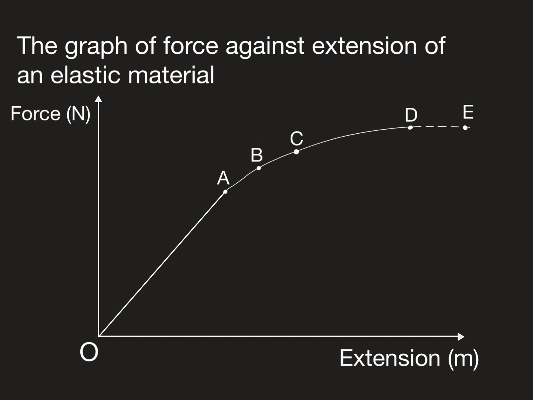As you can see, there are different points indicated on the force extension curve. Point A is known as the limit of proportionality.